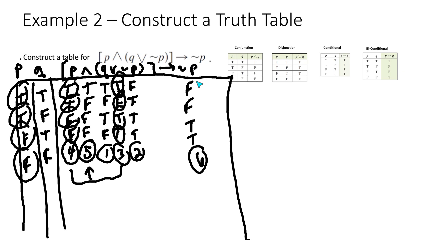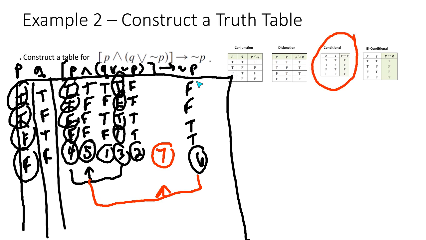And then our final answer would be column 7. And in order to do 7, I have to look at 5 and 6. So we're going to look at this. And then our connective is the if then symbol, so the conditional. And the conditional is going to be true everywhere except for whenever you have a true false. Okay. So what are we looking at here?